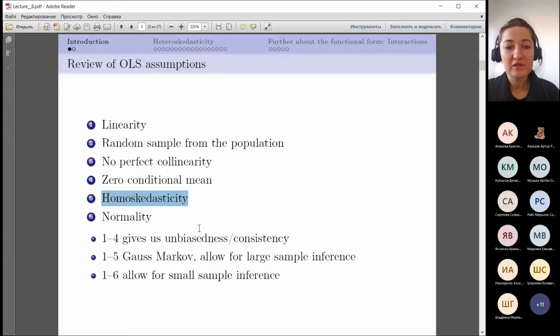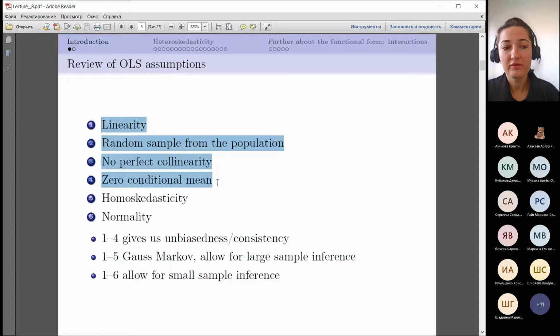For this purpose, you should hold the first four assumptions about linearity, about the random sample from the population, about no perfect collinearity, and of course the zero conditional mean assumption.